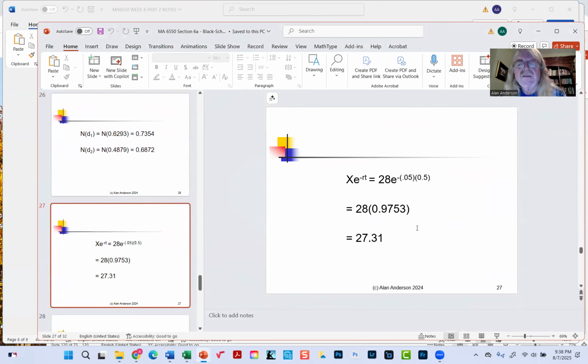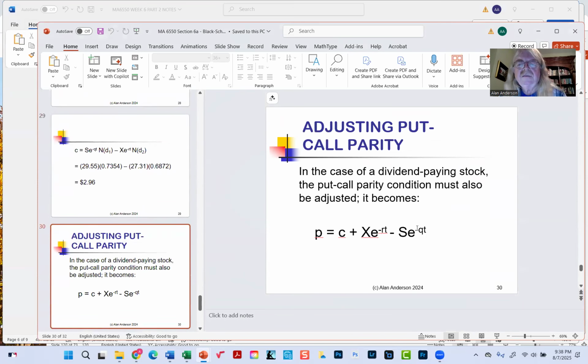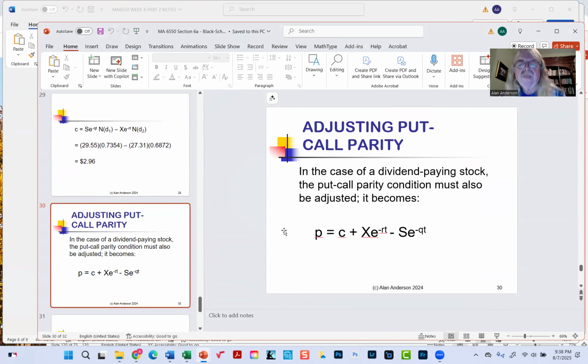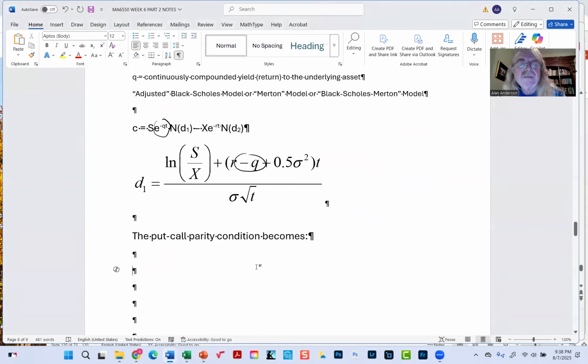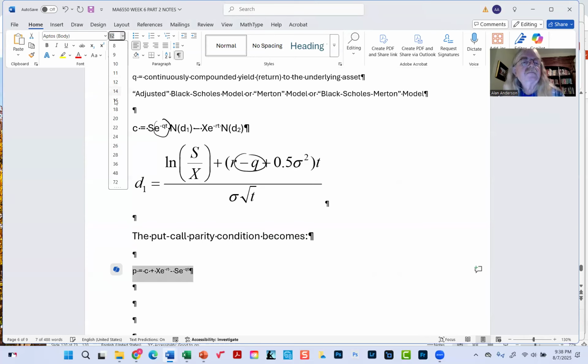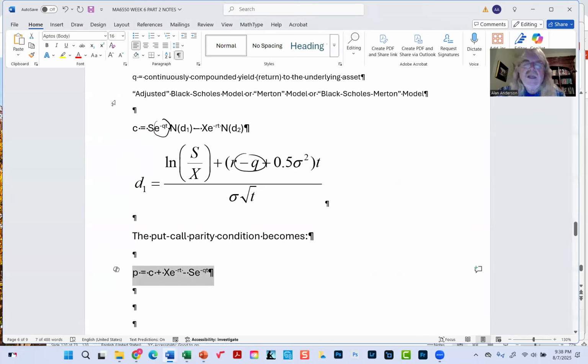Let me just go get it. Here we go. And you'll see that it's the same thing. The S became S e to the minus QT. And that's the only change.